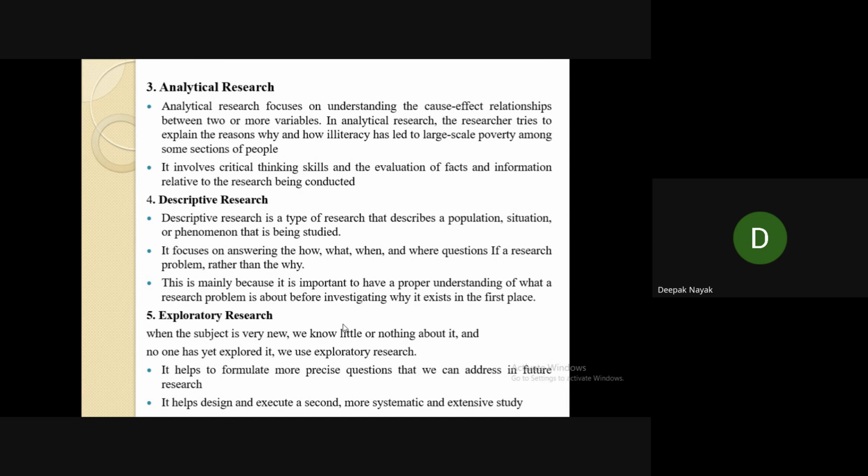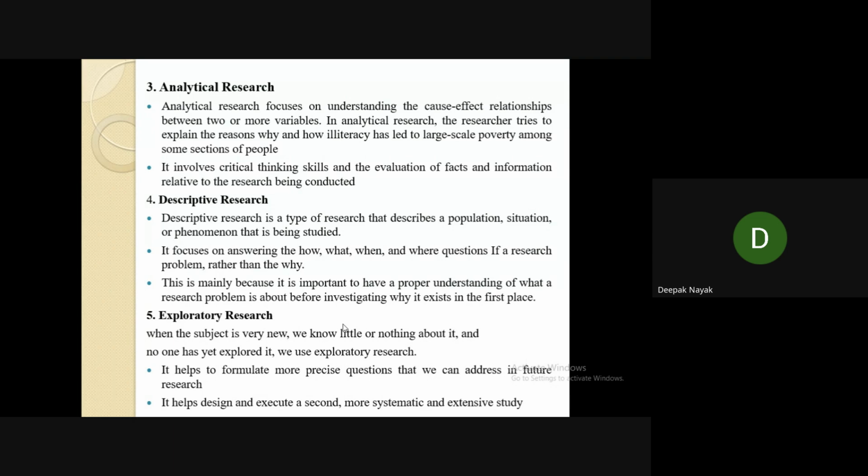Following different methods, maybe quantitative or qualitative, case studies or focus group discussions, whatever methods you follow, you are trying to describe, not explain, as the situation is.